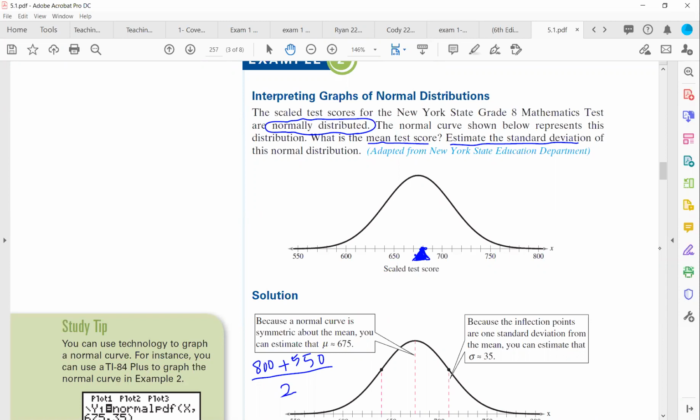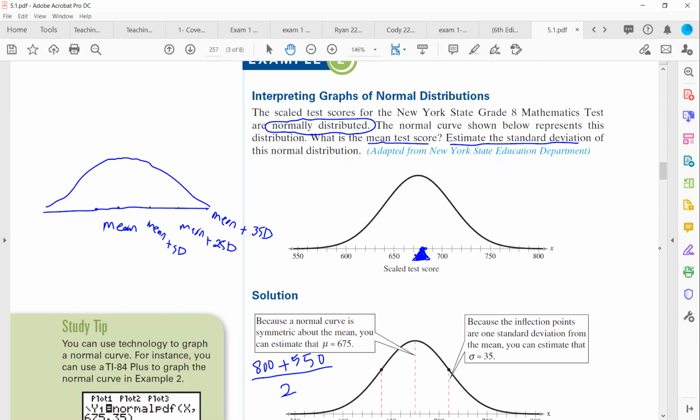Remember that for a normal distribution, here the mean is in the middle. One standard deviation above the mean, mean plus one standard deviation, mean plus two standard deviations, and mean plus 3 standard deviations are numbers on the right-hand side.